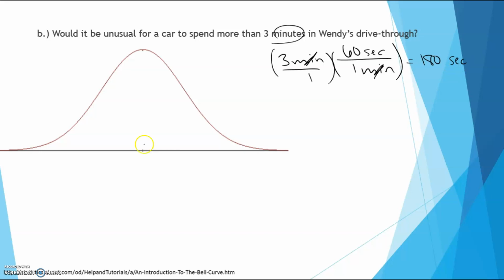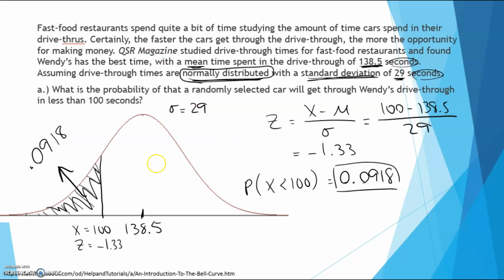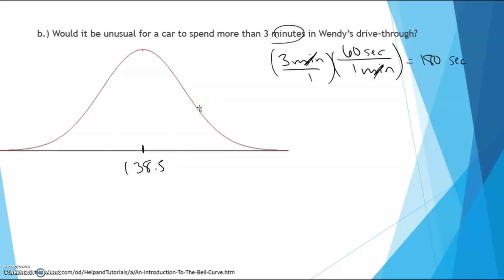Okay, so here's my mean. That is 138.5. If I add my standard deviation, so 138.5 plus 29, that would be 167.5.